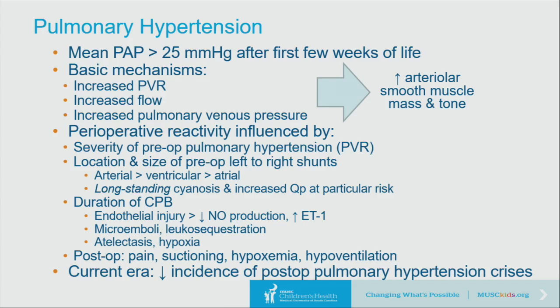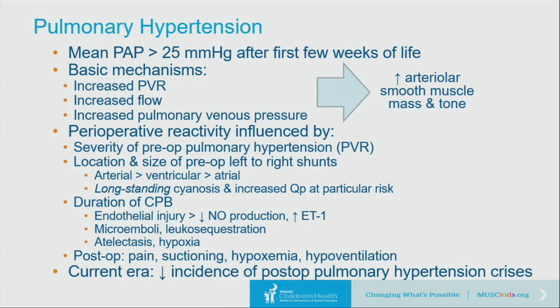Another fairly malignant complication is a patient, for example, who's both cyanotic and has increased pulmonary blood flow. The classic example would be an infant who was late to be recognized to have d-transposition with a large VSD. That patient's going to be both cyanotic and have increased pulmonary blood flow, and that's a setup for having a very reactive pulmonary vascular bed after cardiac surgery.